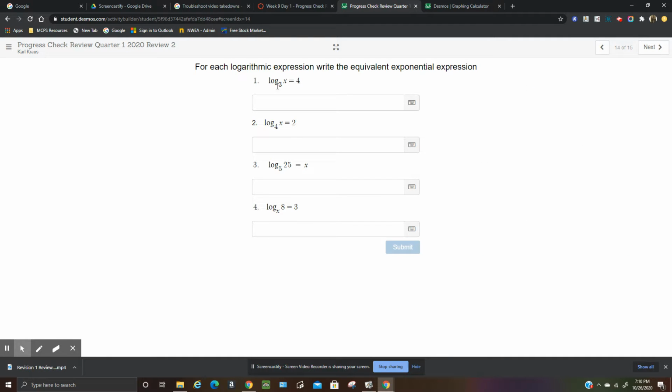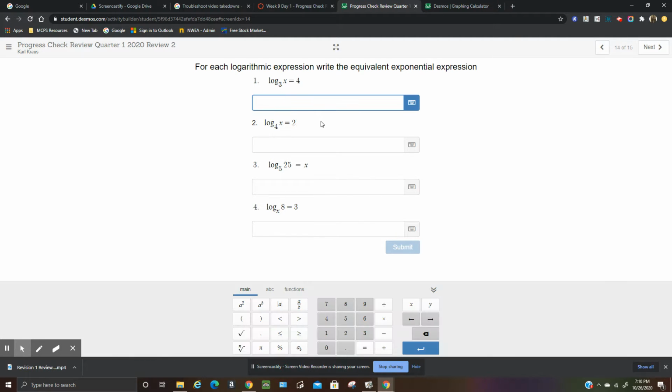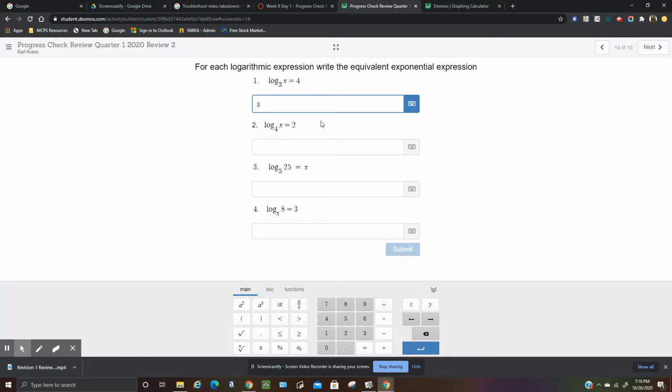13, you take a logarithm and change the exponent. So this is a base, exponent, number. So this would be 3 to the 4th equals x.